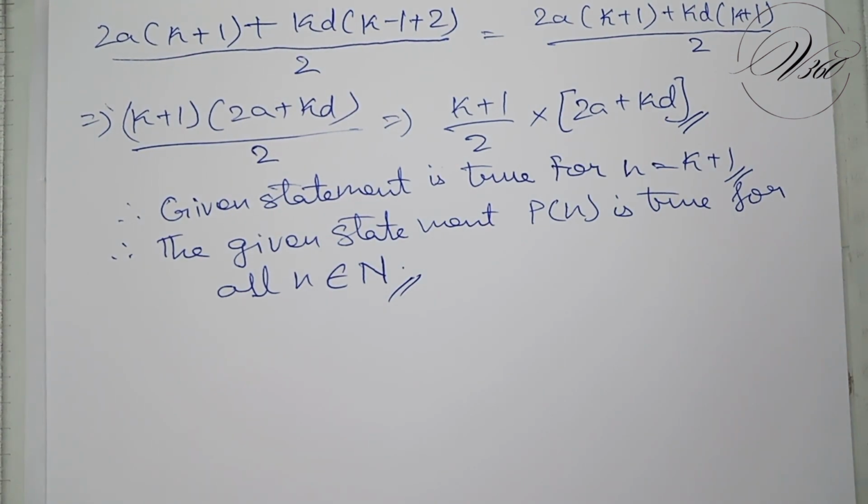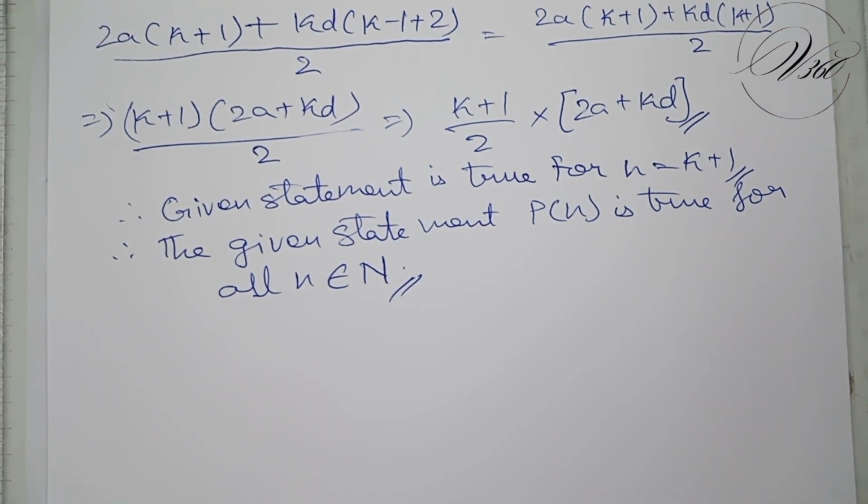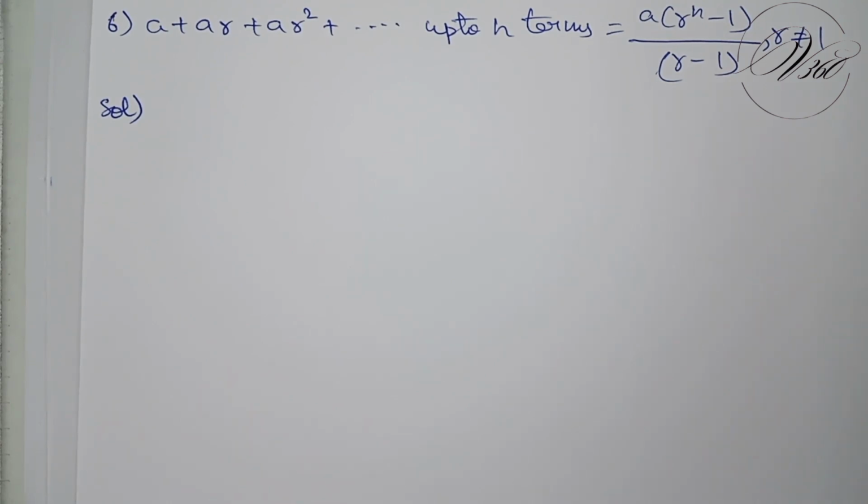Now we are going to do the sixth question, that is, a plus ar plus ar square plus until the nth term, that is equals to a of (r to the power of n minus 1) by (r minus 1), r is not equal to 1. Now we will solve this problem.